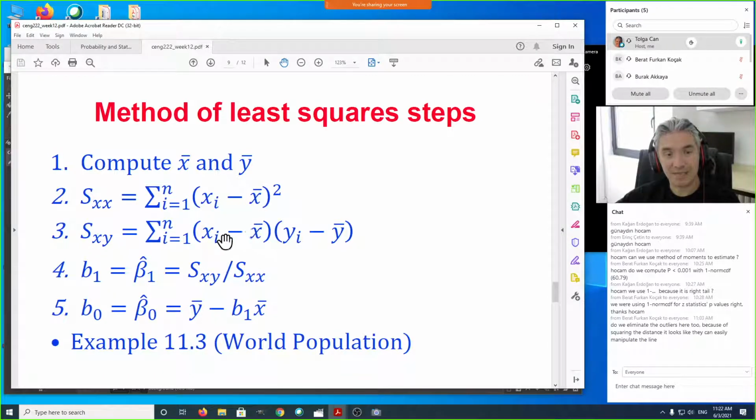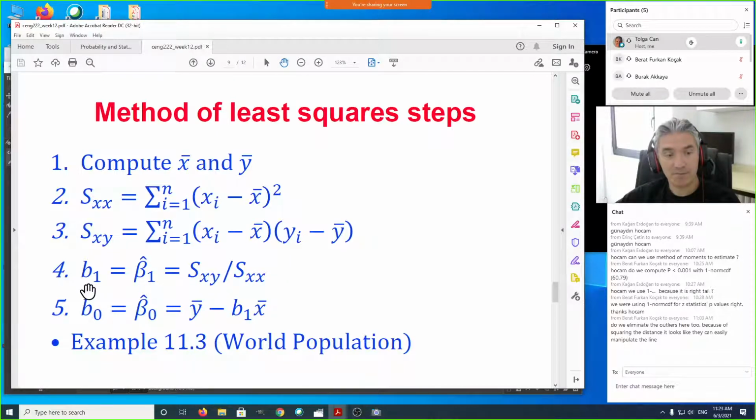We compute Sxy by multiplying the differences: for each of my m points in the sample, I take the difference of x from its mean and the difference of the same point's y value from the average y value. I multiply them. As I said, this Sxy can be a negative value, depending on whether x and y are positively or negatively correlated.